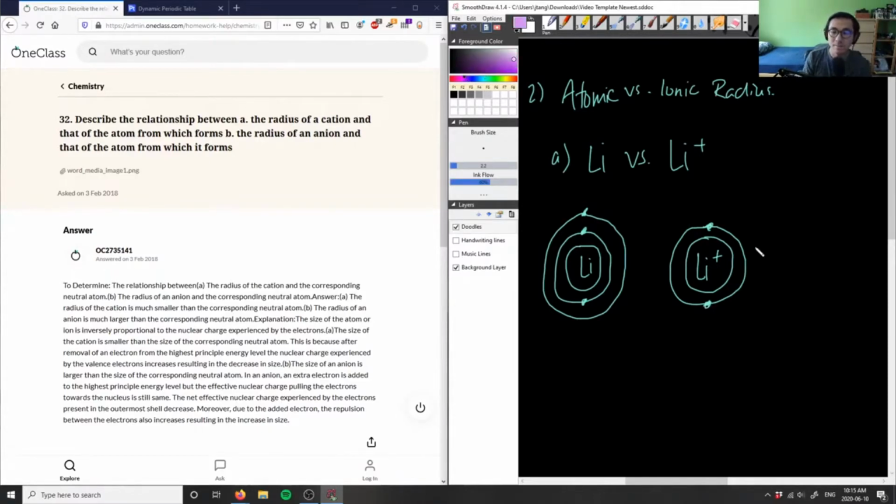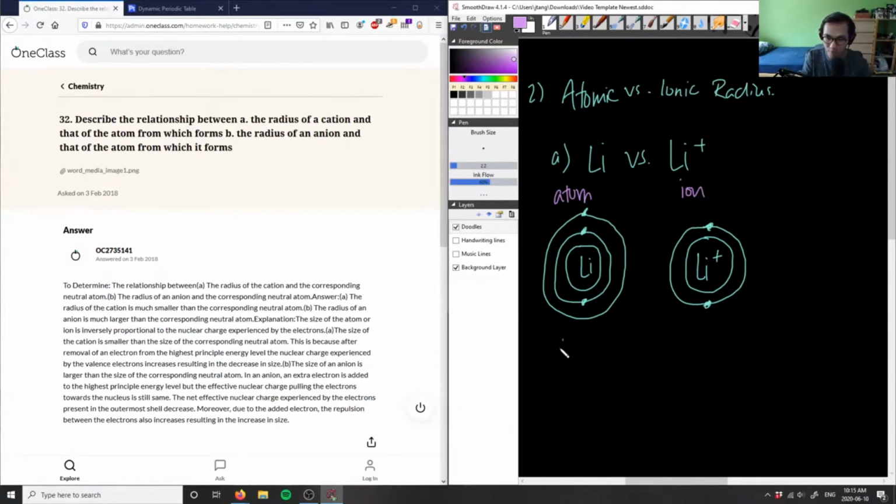And as you can see, Li here has 1 more extra shell than Li plus, which means lithium is going to be bigger. So you can say that the radius of the atom, this here is the atom, this here is the ion, would be smaller.